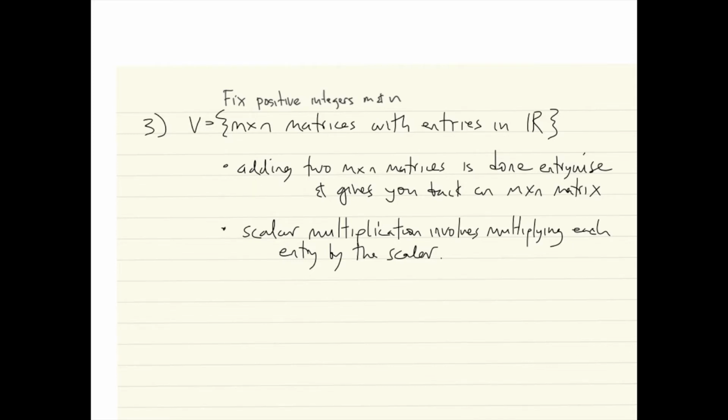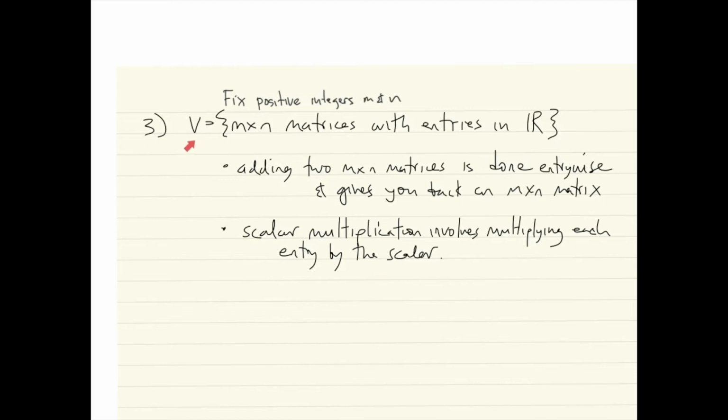The addition is just the regular way we add two m by n matrices. You add them entry-wise. For example, the 1,1 component gets added to the 1,1 component, and the resulting number is the 1,1 component of the sum. Scalar multiplication involves multiplying each entry by its scalar.